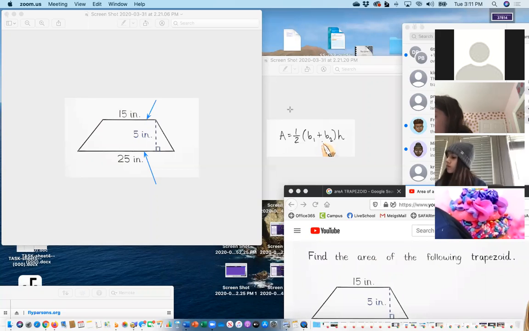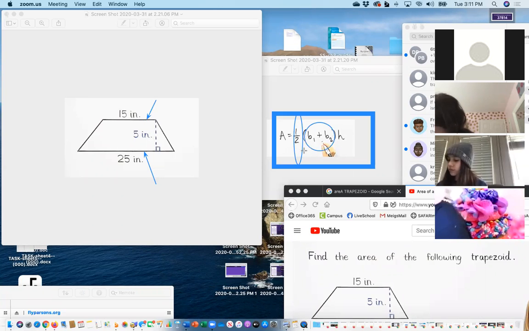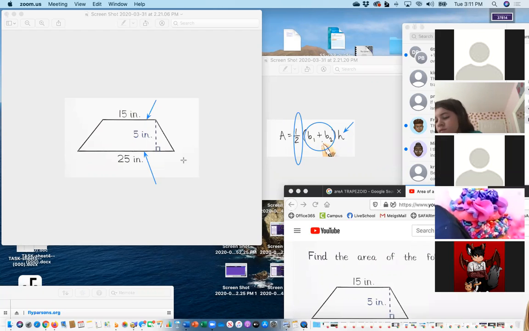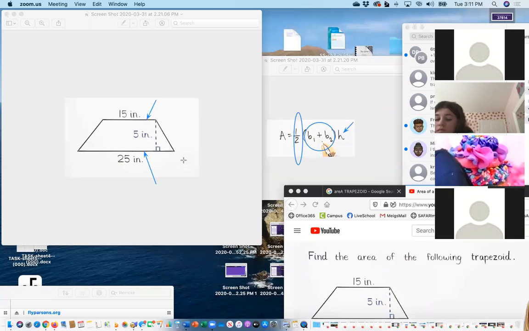Okay, questions about that? That's why there's the half part in it and adding the two bases together times the height. Okay, draw tool. And then here's my height. All right, so will you text me what is the area of this trapezoid?